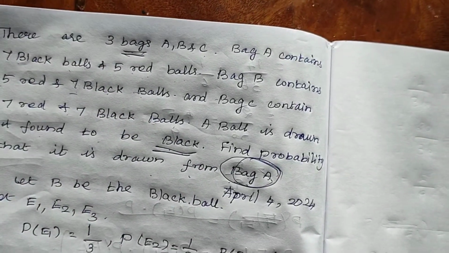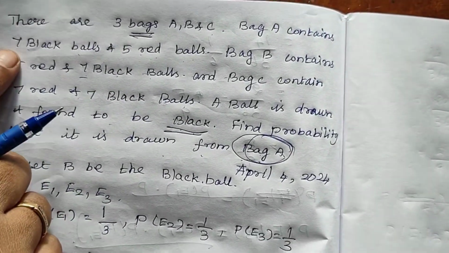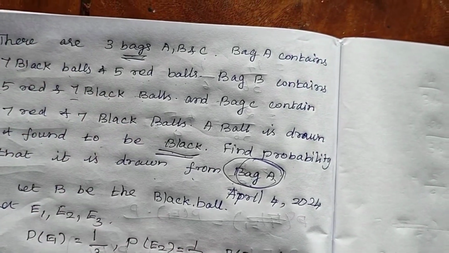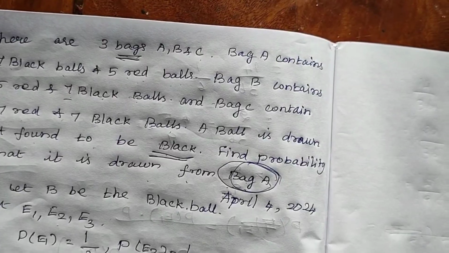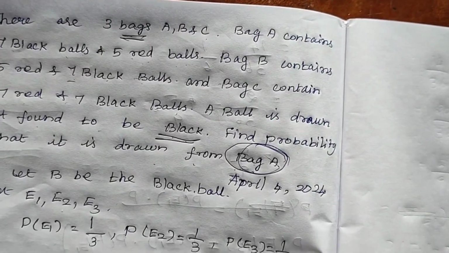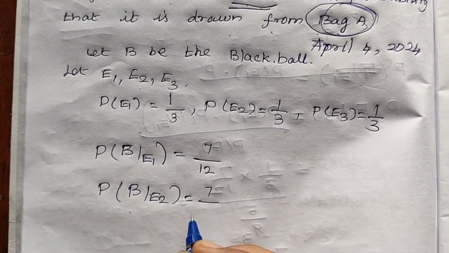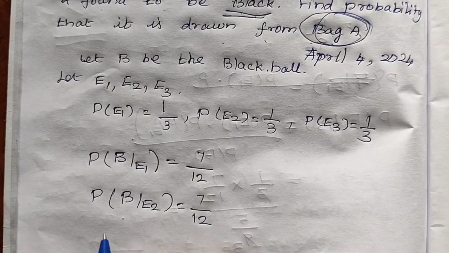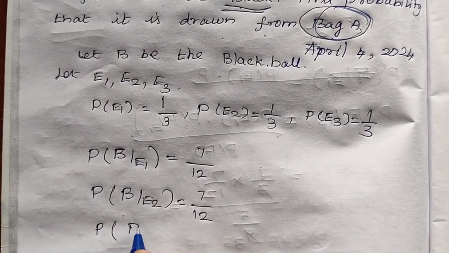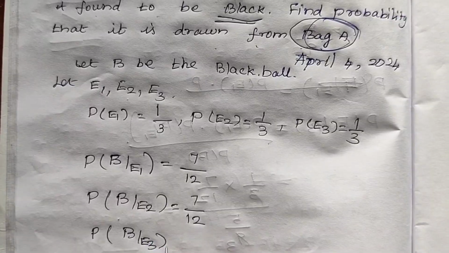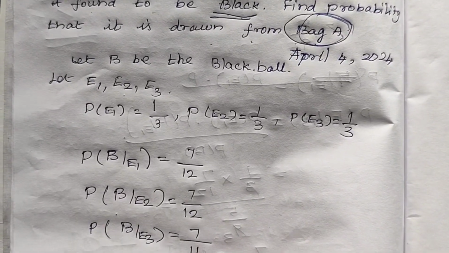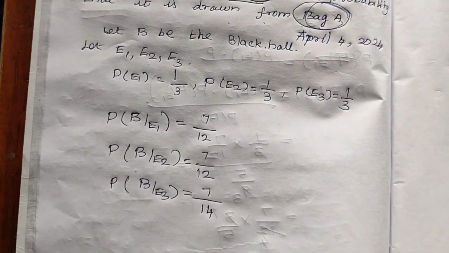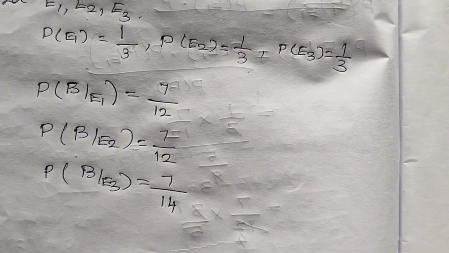The number of black balls is 7. In the same way, P of B by E2 is also 7 by 12. Next, P of B by E3: 7 black balls, and the total is 7 plus 7, 14 balls, so 7 by 14.